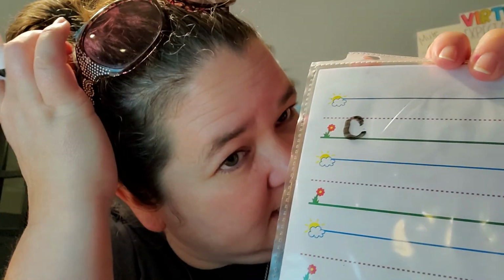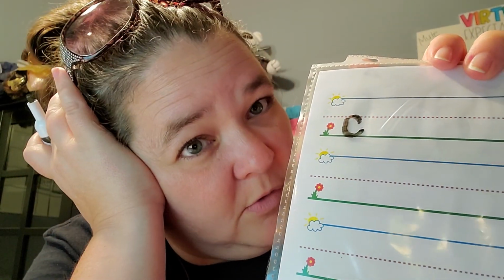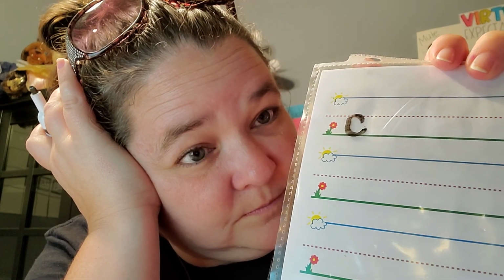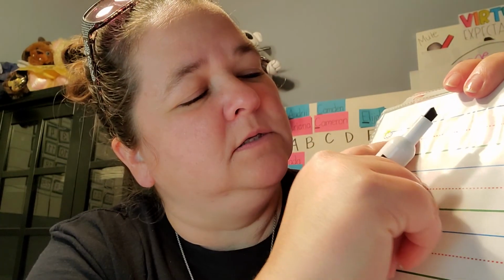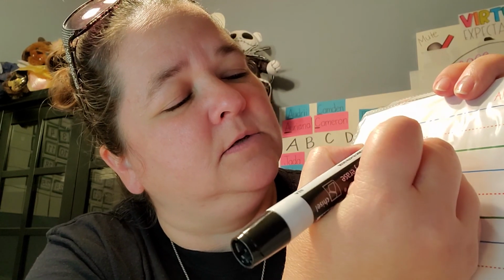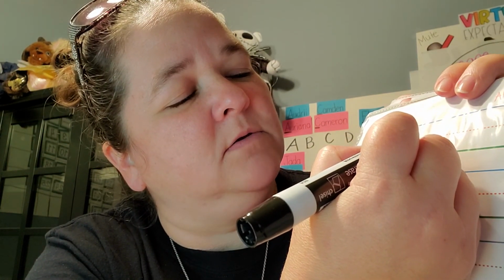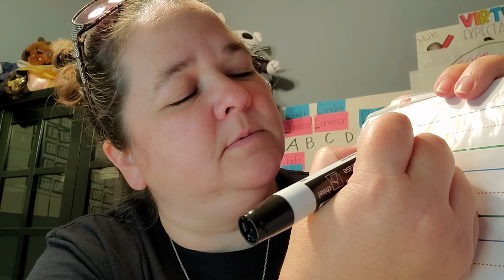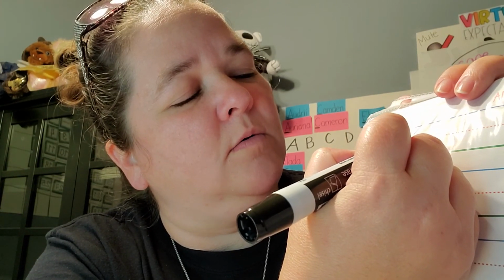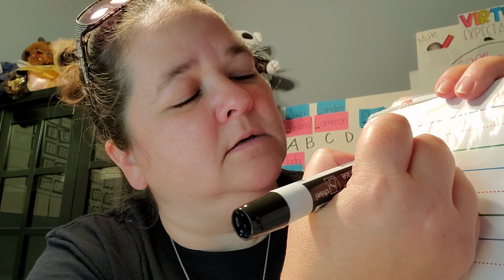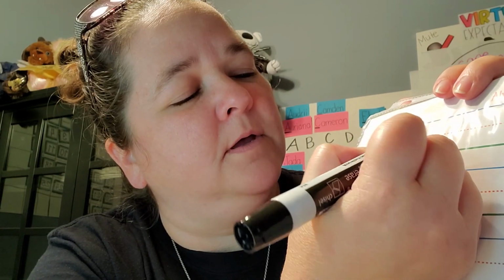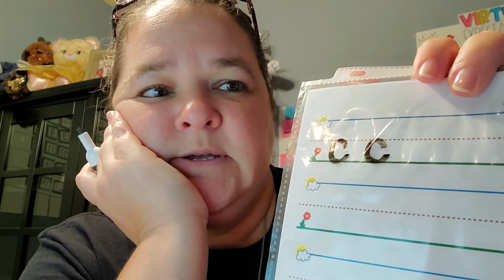Kind of like you're making an O, but you're not going to go all the way around and close the O. So let's finger space and do another one. Start right under the plane line in the middle, come up, touch the plane line, go around, go down to the grass line, come back up just a little bit.